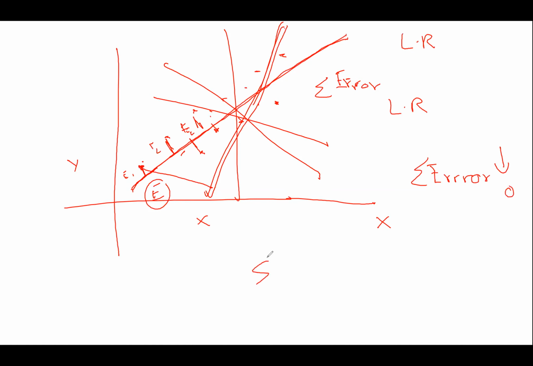That's why we use gradient descent in linear regression. The idea is to make this cost function, which is nothing but the summation of error squared, go to a minimum, not 0 but minimum. So we need to find such a line that this cost function becomes minimum.